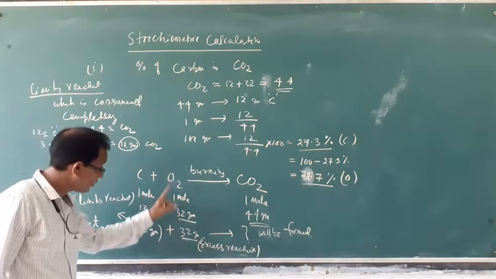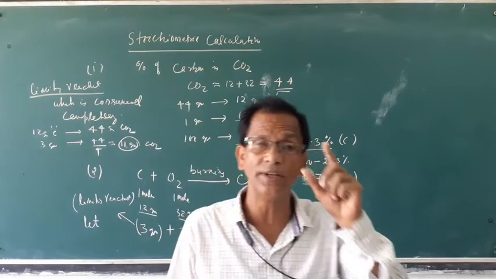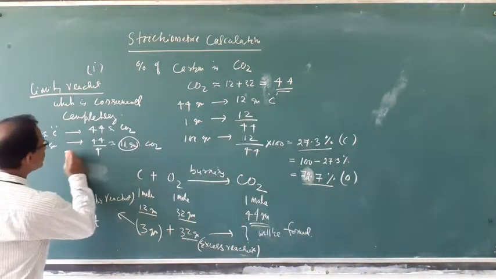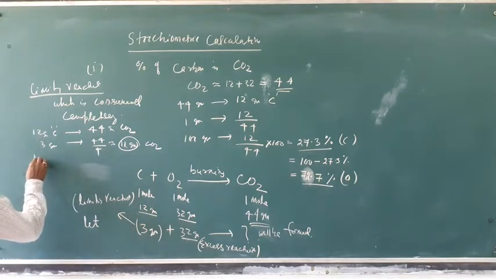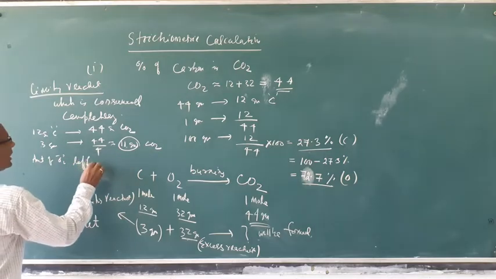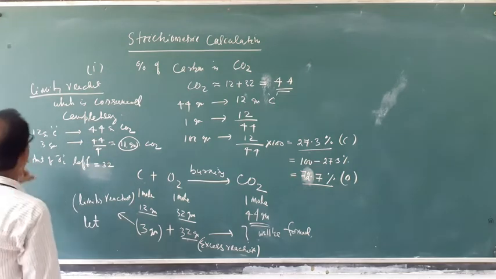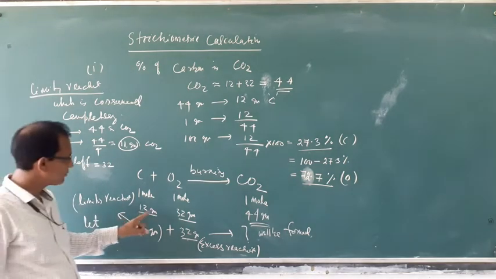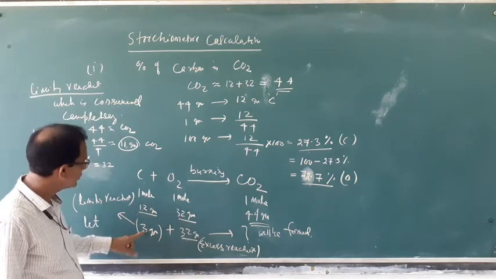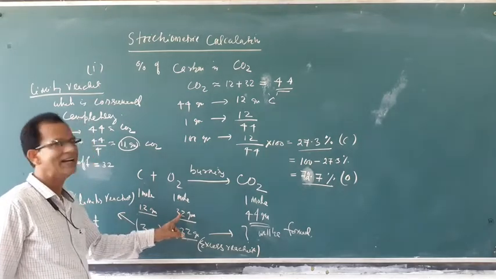But you have taken 32 gram oxygen. So the question is how much oxygen will remain unreacted? If 12 gram combines with 32 gram, then 3 gram, which is 1/4, combines with 1/4 of 32, that is 8 gram.